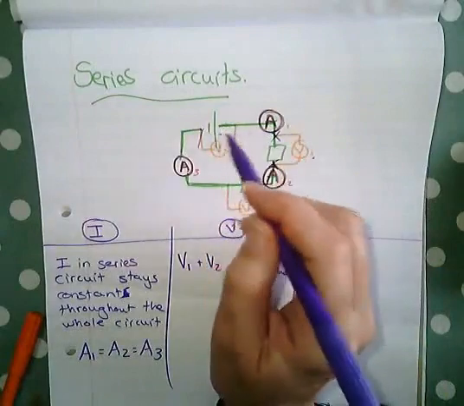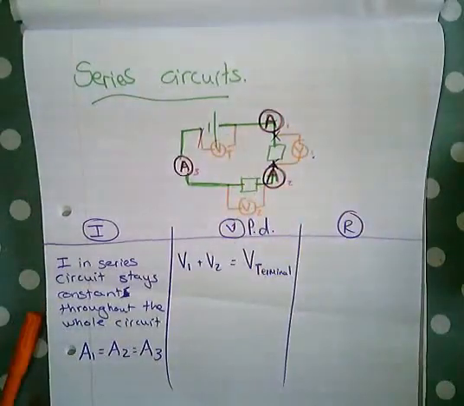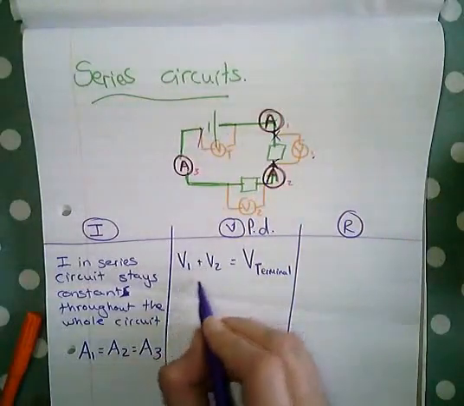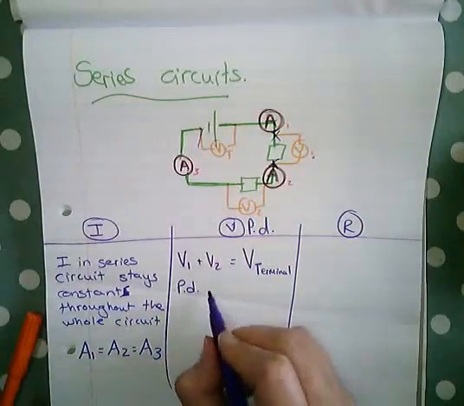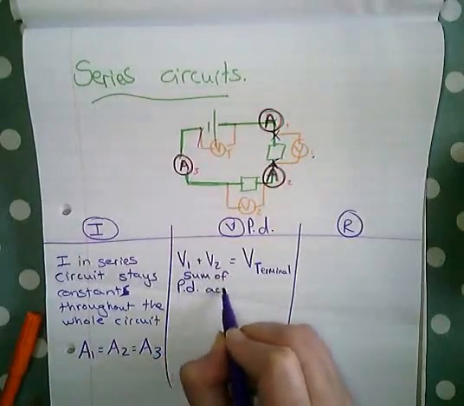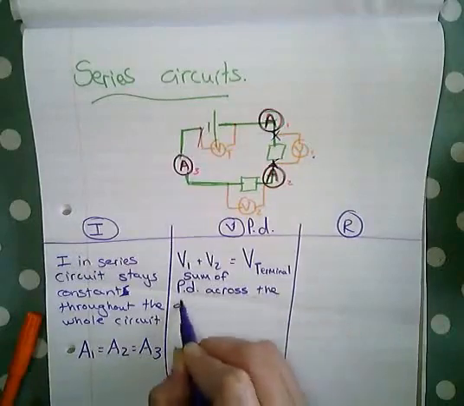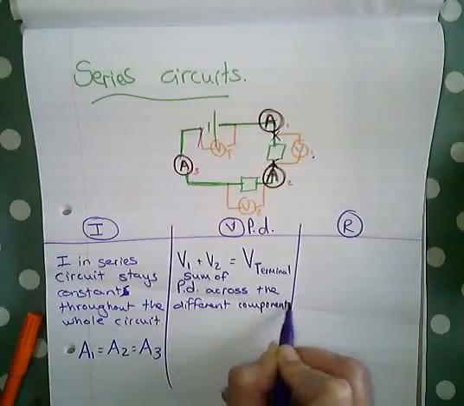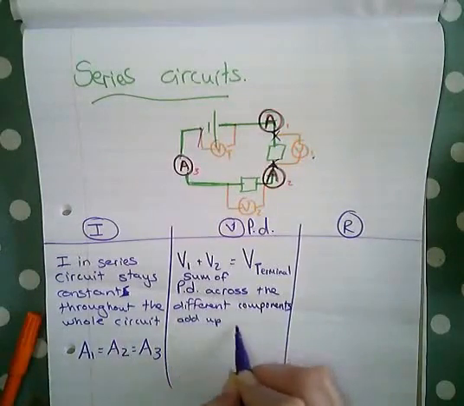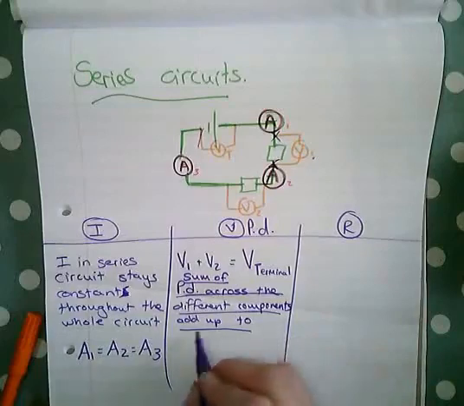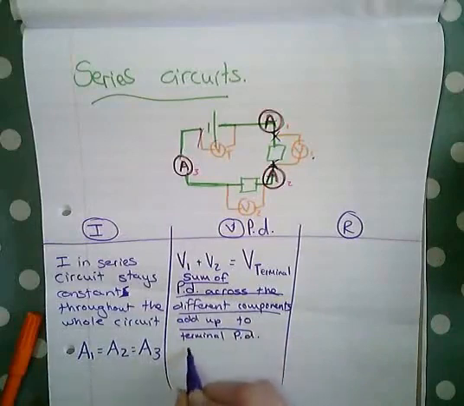So if we put this in words, the sum of the potential difference across the different components adds up to the terminal potential difference, which is always across the battery.